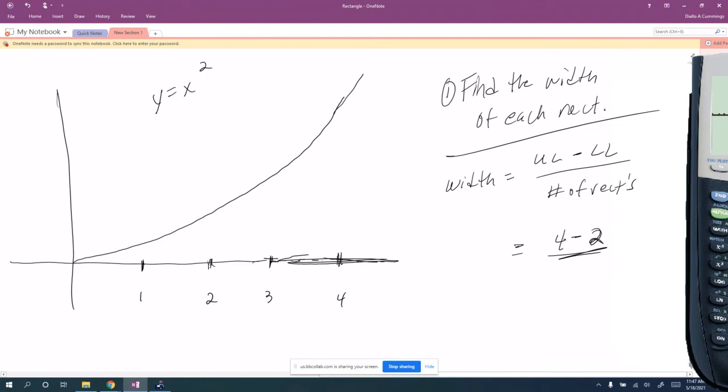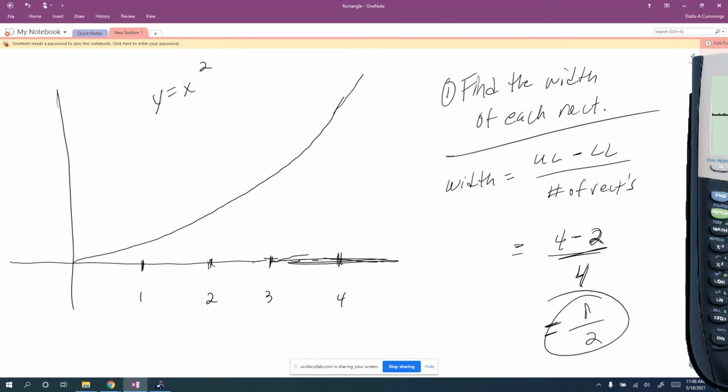The number of rectangles we want is 4. So we have 2 over 4 or 1/2. All right, so each rectangle should be 1/2 unit wide.